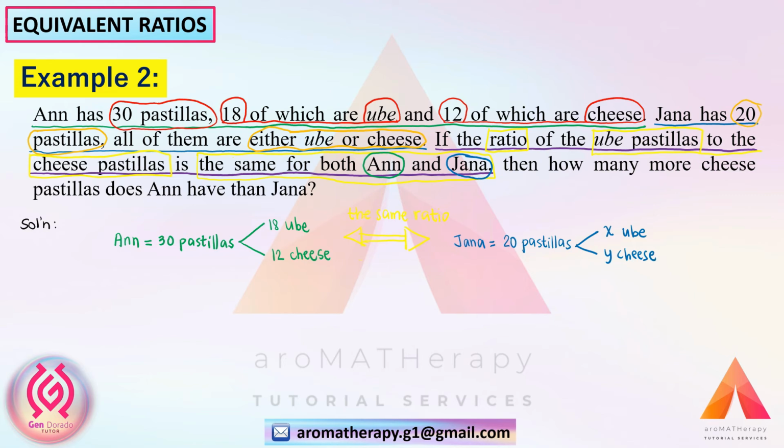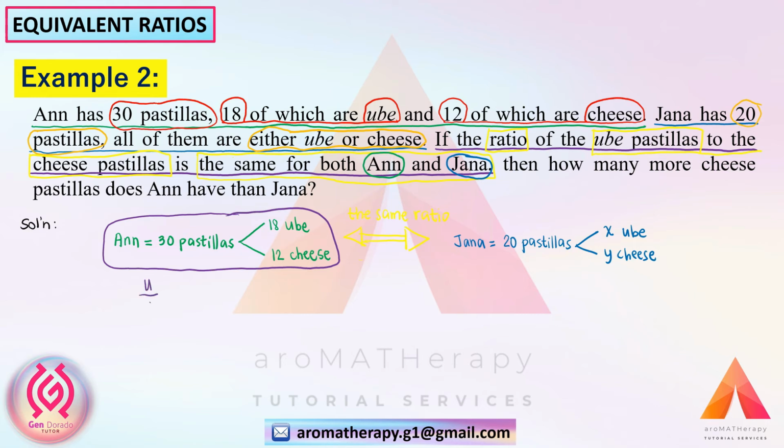We need to solve the ratio of the pastillas using Anne's data. Ano yung data ni Anne? 30 pastillas. 18 ube, 12 cheese, siya lang may complete doon. So, solve natin yung ratio ng ube to cheese pastillas using ano nga ulit? Data ni or details ni Anne.